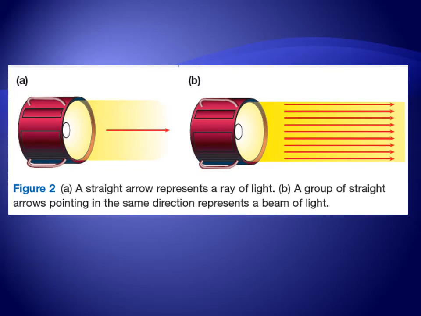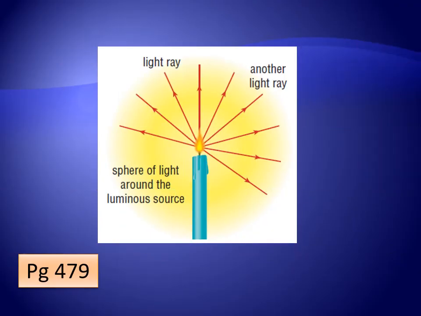So a straight arrow represents one ray of light. A group of straight arrows pointing in the same direction represents a beam of light. Here we have a candle. That is our luminous light source. And so obviously candles emit light in all directions, and we can represent that visually with beams of light.